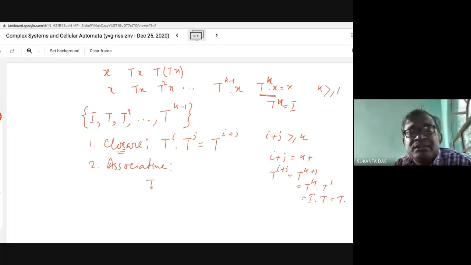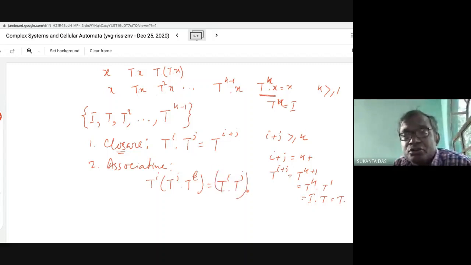It means T^i times T^j, then times T^l, equals T^i times the product of T^j and T^l. In one case I first do this operation, and in the other I first do that operation, so the same meaning.